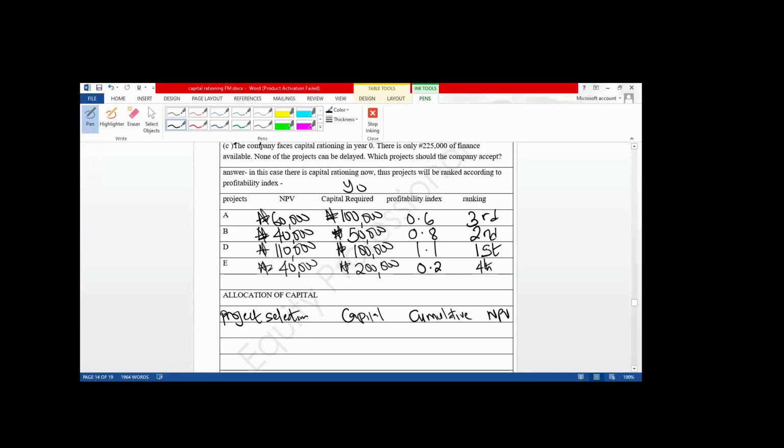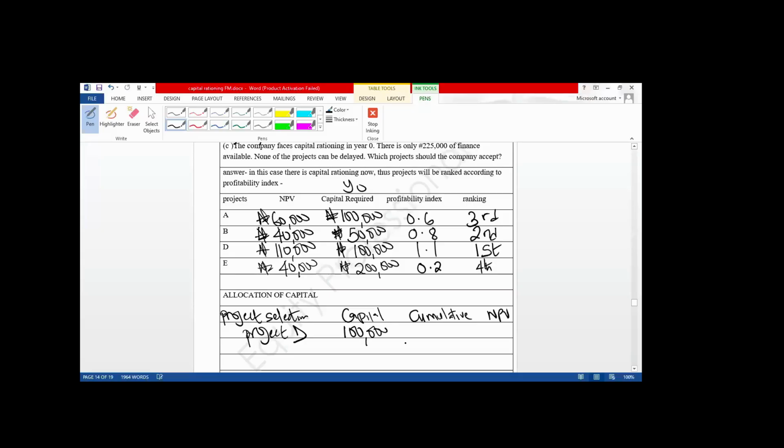You start with project D because it has the highest profitability index. Project D, capital required for project D, 100,000.